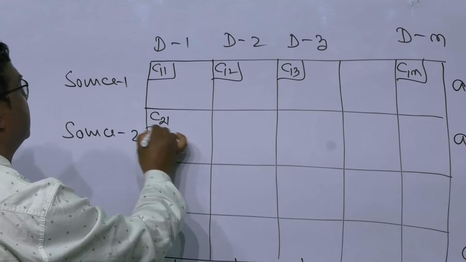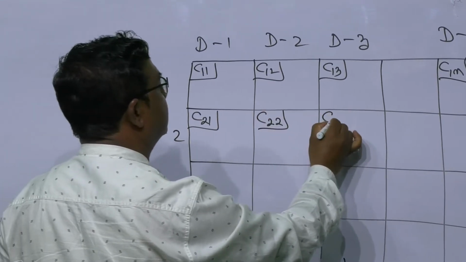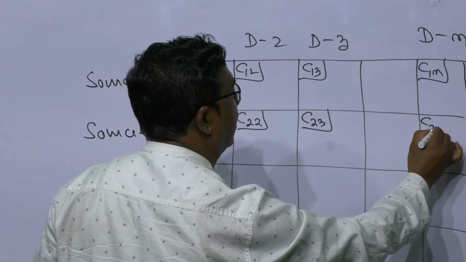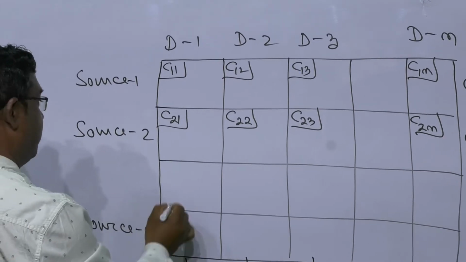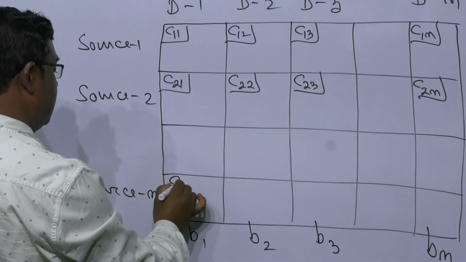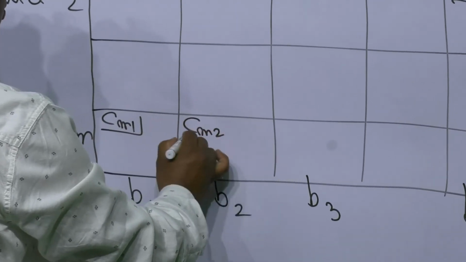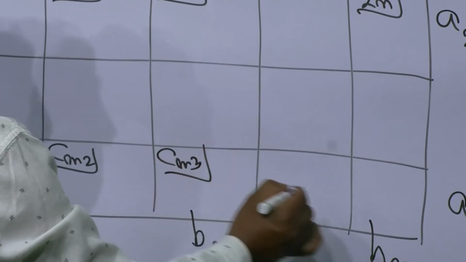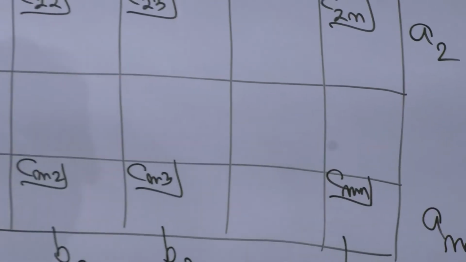It is denoted by C21, C22, C23, C2n. Then from source m, it is denoted by Cm1, Cm2, Cm3, Cmn. These are the transportation costs.